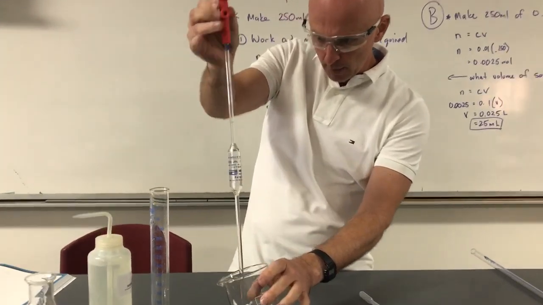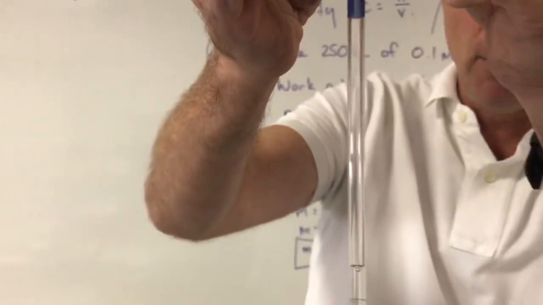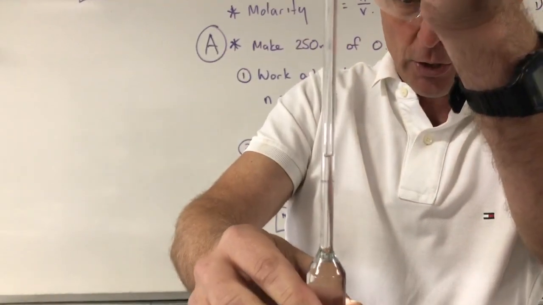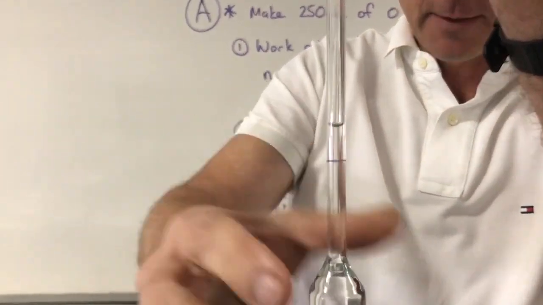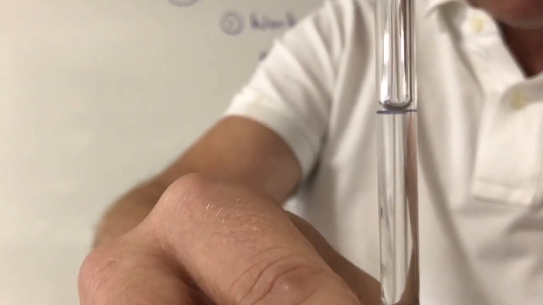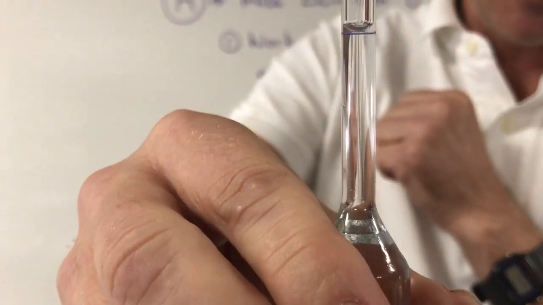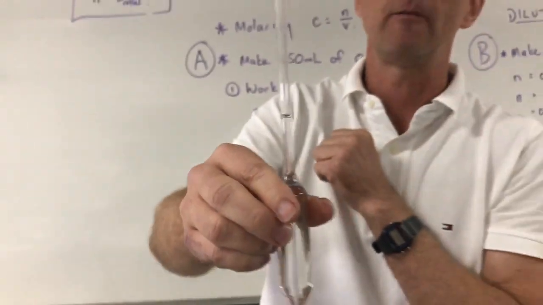And Richard might come up and get a little close up there. You can see that there's a little graduation there in blue, and if I press E on this bulb pipette now, you'll watch here as the liquid will go down, okay? And the bottom of the meniscus there is touching the line, and that means it's exactly 25 mils.